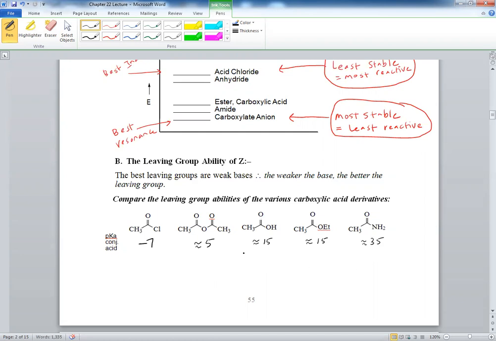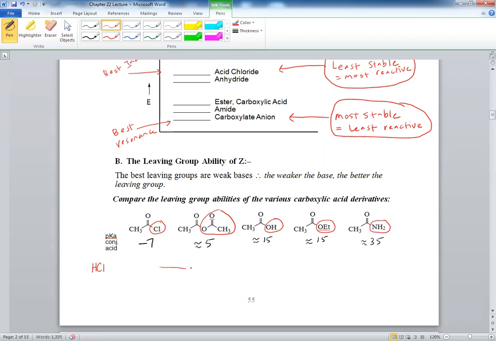So let me circle what I'm talking about. This is the pKa of the conjugate acid. So for Cl, the conjugate acid would be HCl. And the pKa of HCl is -7. It's extremely acidic. Also, this is the pKa of the anhydride portion, the OCOR, the OH, the OR, and the NH2.